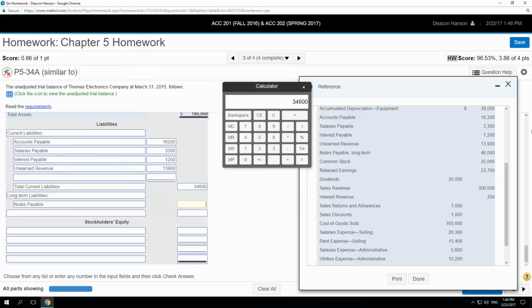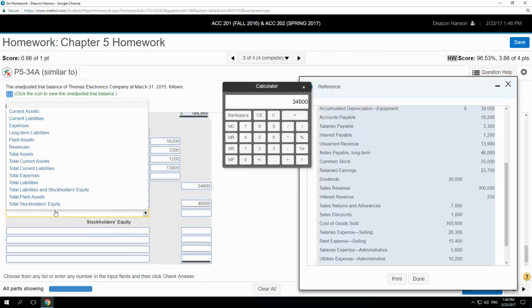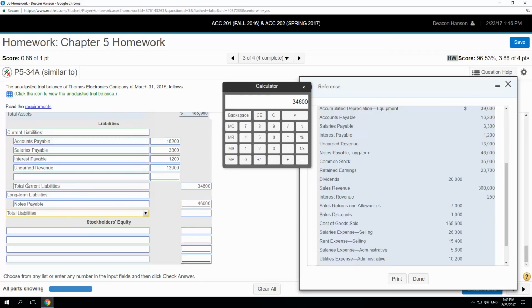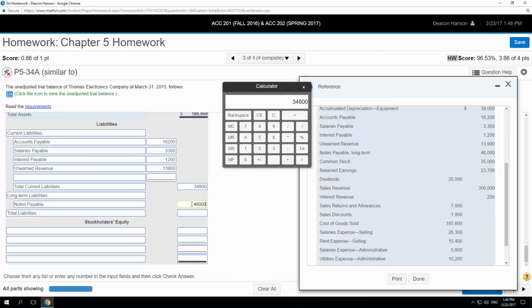Okay, 46,000. So total liabilities will be a combination of my current liabilities and my long-term liabilities. Okay, so 80,600. Wait, 7. Yes. Looks like it, right?